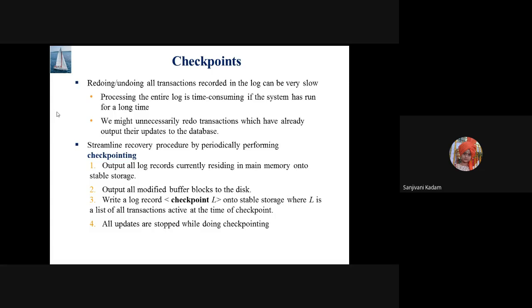As soon as I start my 91st transaction, the 92nd also starts before the commit of the 91st, and the 93rd also starts. So consider that from 91 onwards, changes still need to be done to the database. It means the changes of 90 transactions are already on the database. So whenever I recover from a failure, I cannot check all 100 transactions to see whether their effects are reflected on the database or not. For this purpose, we always use the concept of checkpoints.